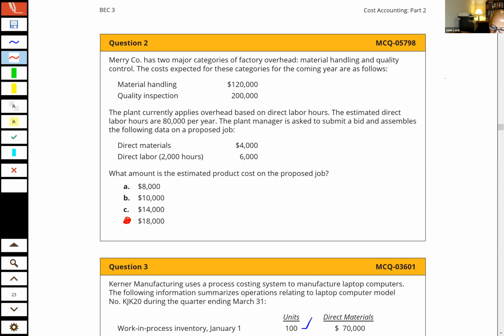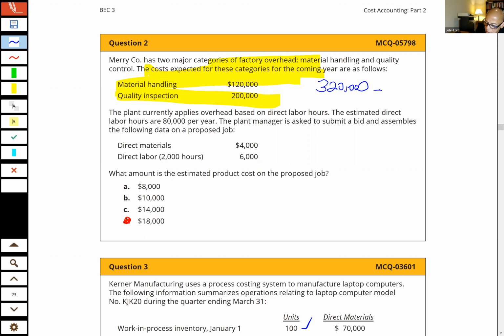So what happens? We sit here and they give us some different overhead costs. They tell us the materials handling, the quality inspection, and they tell us that cost expected. Okay, so these are what in the coming year. As I said before, they're maybe doing this in March or something to help them figure out what the predetermined overhead rate should be for the next year. So they come up with 320,000 of overhead costs, right?